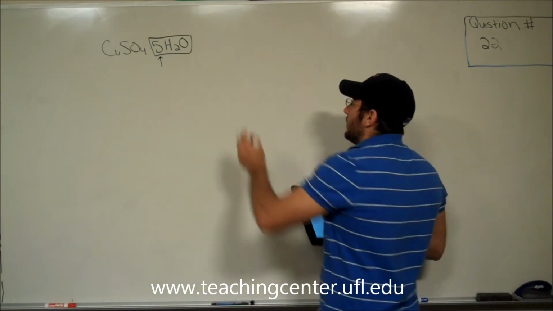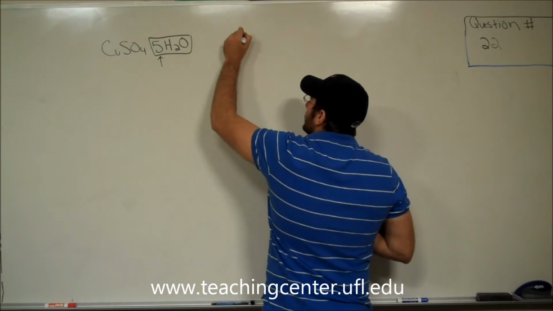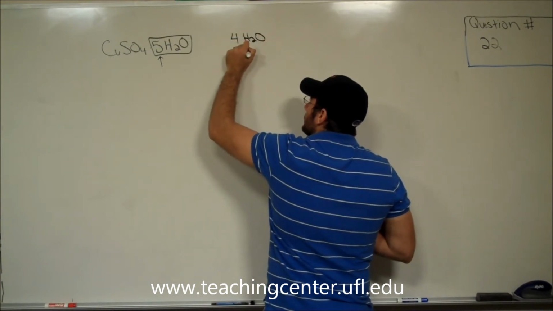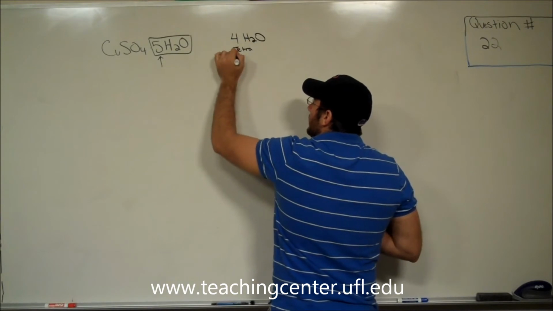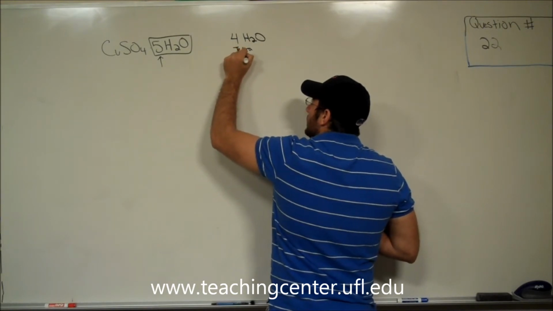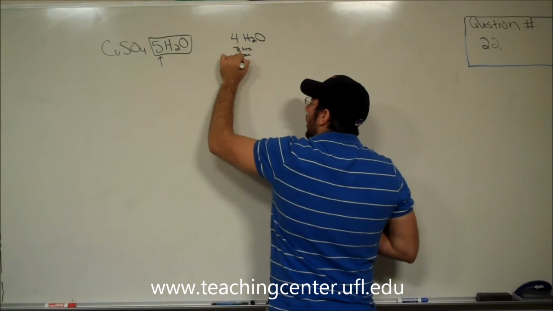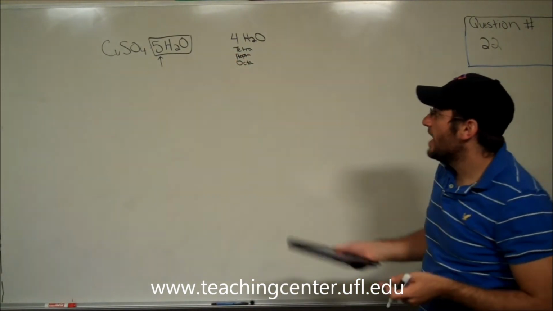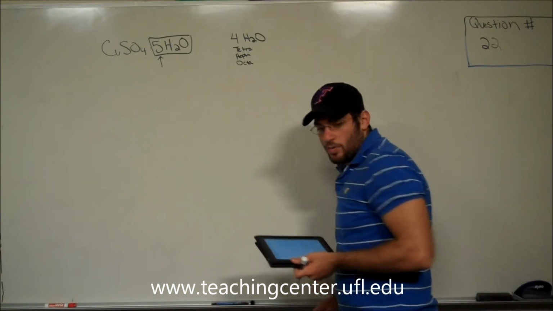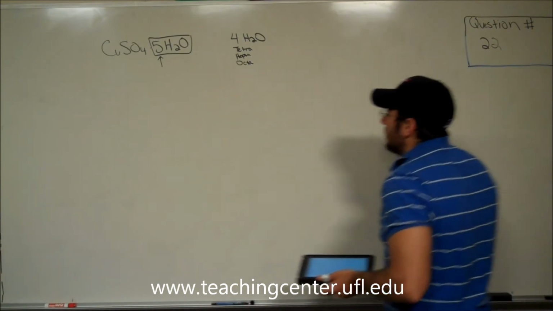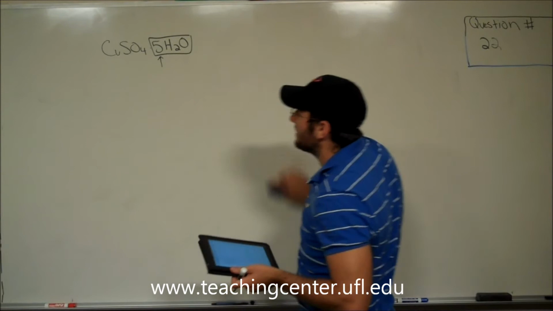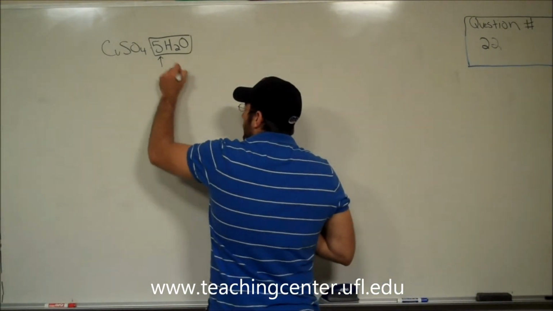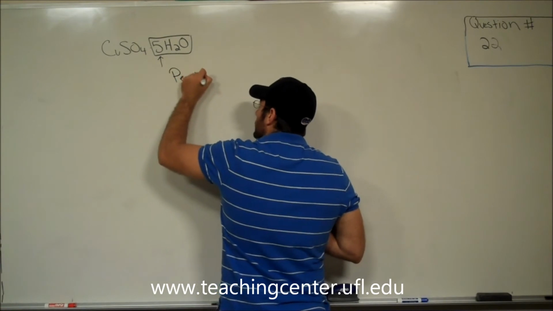So for instance, if we had 4 waters, it would be tetra. 7 is hepta. Octa would be 8. Hexa would be 6. So we know right away the easiest part of this question is knowing 5. It's like a pentagon. There's 5 sides on a pentagon, so this is going to be a pentahydrate.